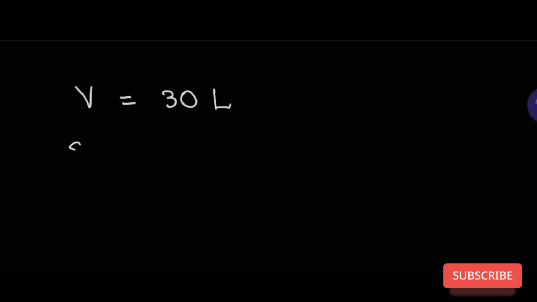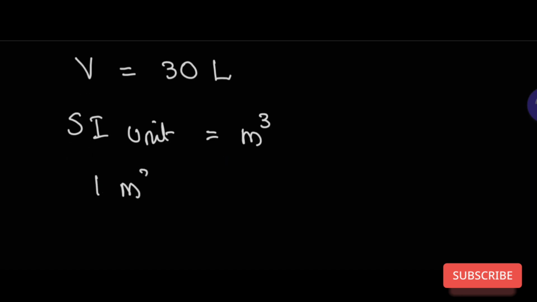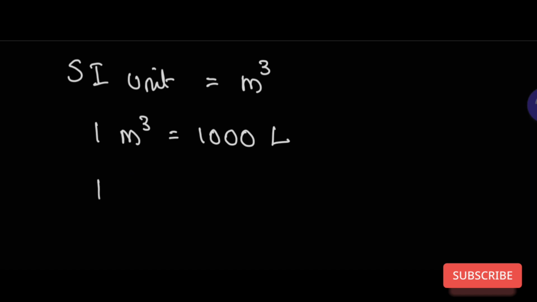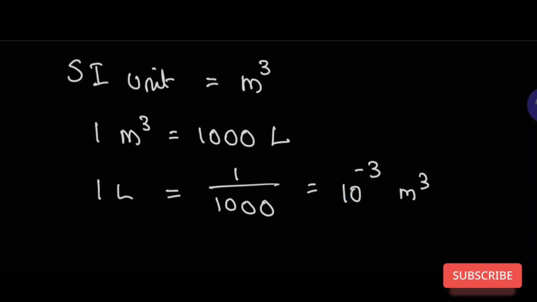But the SI unit of volume is meter cube. 1 meter cube is equal to 1000 liter. That is 1 liter is equal to 1 divided by 1000, which is equal to 10 to the power of minus 3 meter cube.